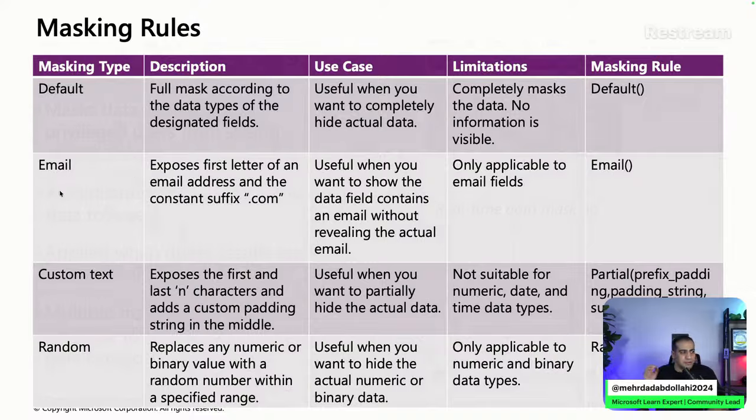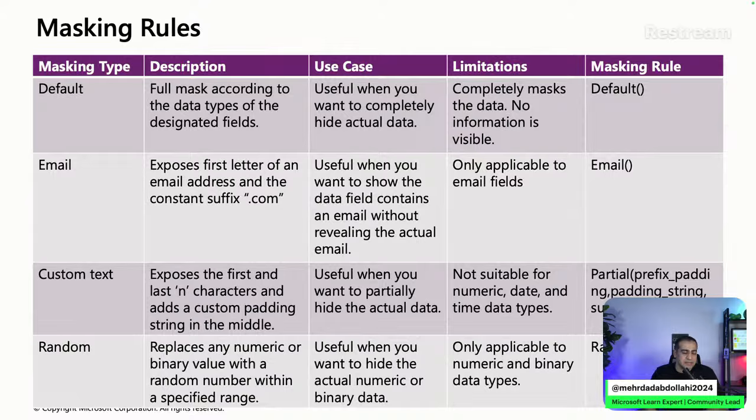We have one specific for email, which just exposes the first letter of an email address and the suffix, like .com, for example, right? It is specifically used for the email addresses that you don't want to be shown to unauthorized users.